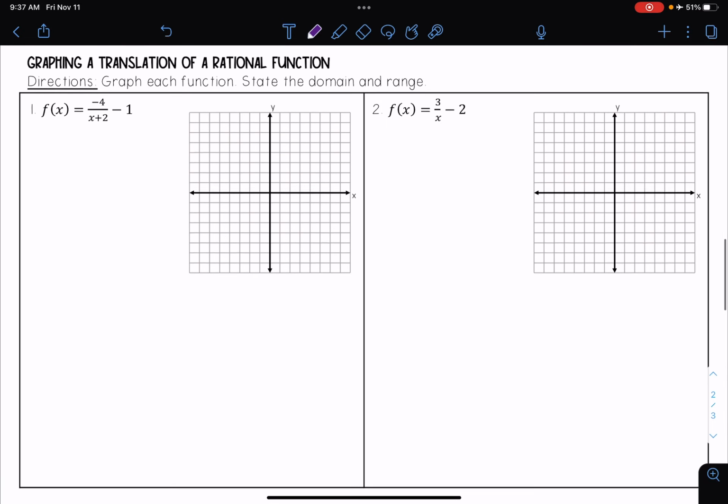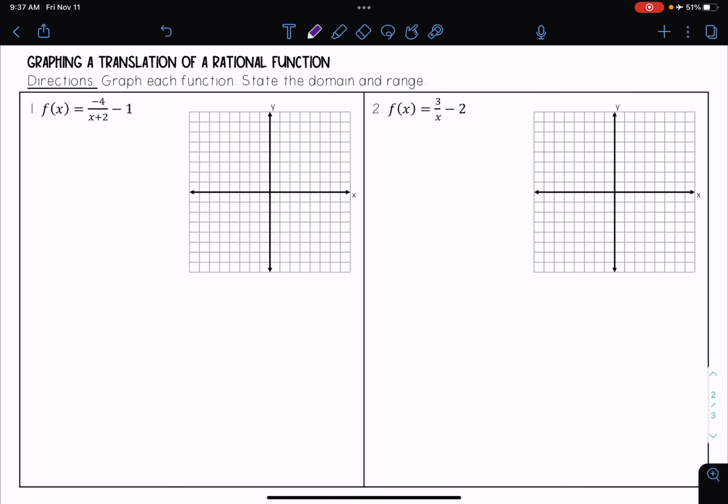So looking at this first example, I have f of x equals negative 4 over x plus 2, minus 1. My first step is to determine what my asymptotes are. I see here that I have x plus 2, so my 2 in some form is going to be my h, and minus 1 is my k. For my h, remember, I need to take the opposite sign of what I see here.